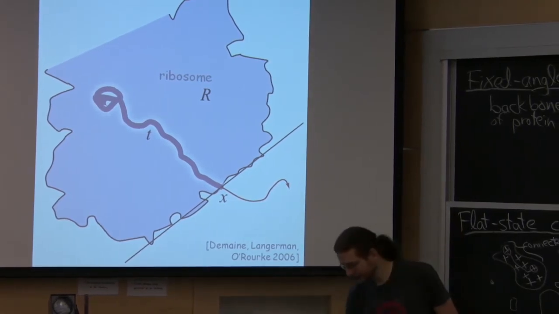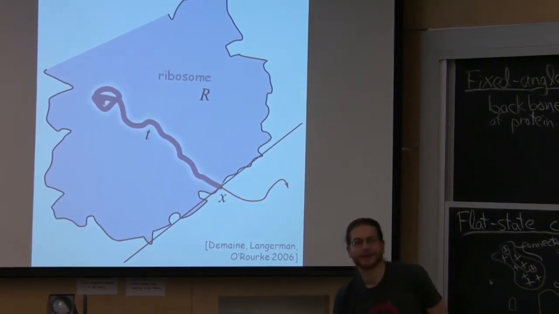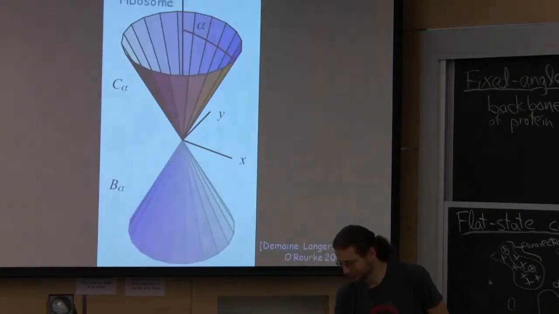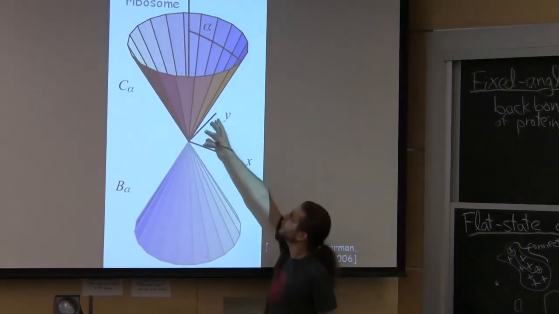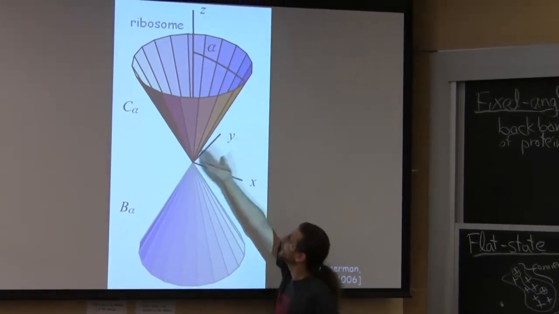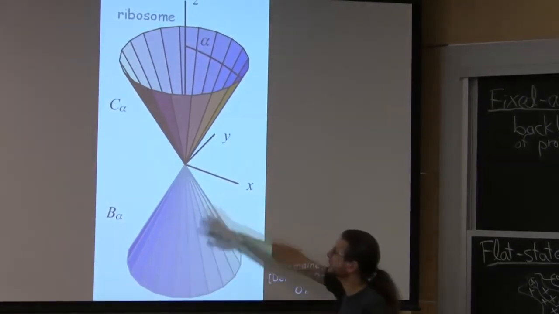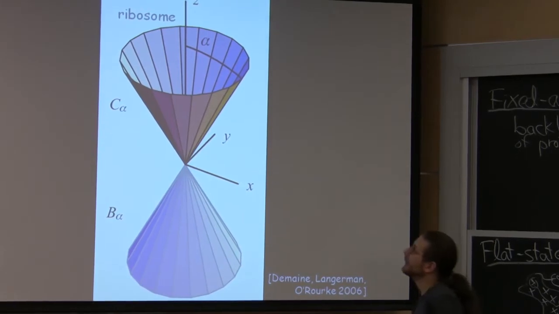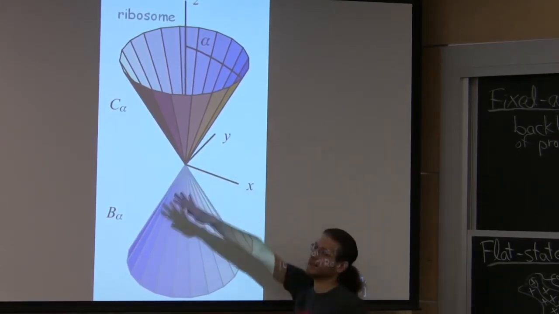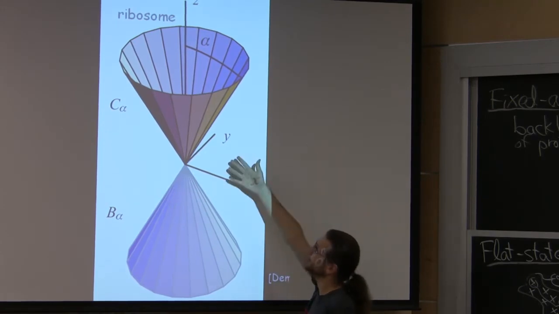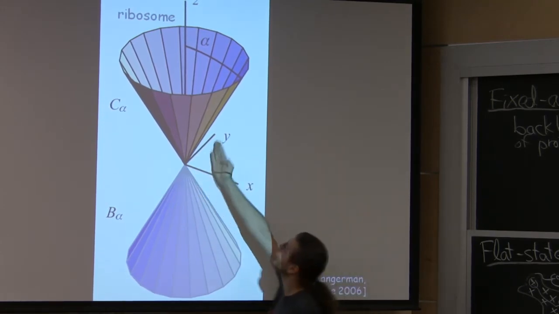Our model is going to be both more general and simpler. We're going to imagine that the ribosome is a cone. It's part of the upper cone here. This is like a mirror image. And in reality, that cone is actually a plane and everything above the plane. But to be more general, we're going to allow some angle alpha here.